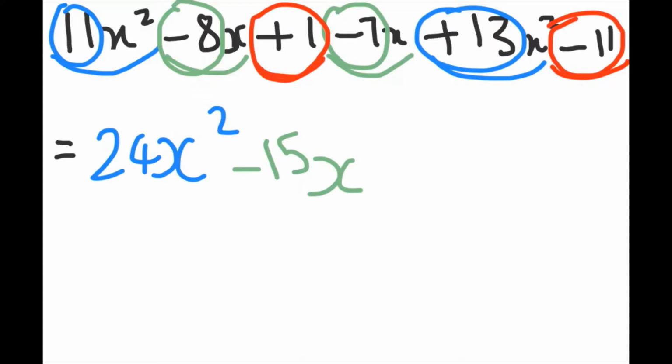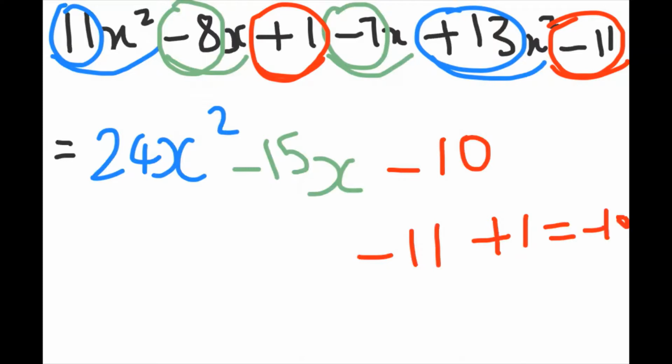That gives you minus 10. Minus 11 plus 1, that's minus 10. Checking if that's right, so double checking again. 11 plus 13 is 24x squared. Minus 8x minus 7x is minus 15x. And plus 1 minus 11, that's minus 10.